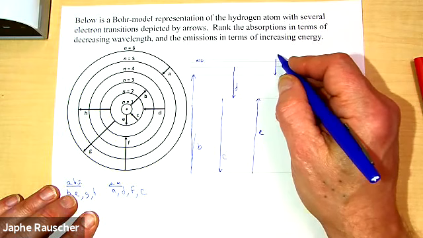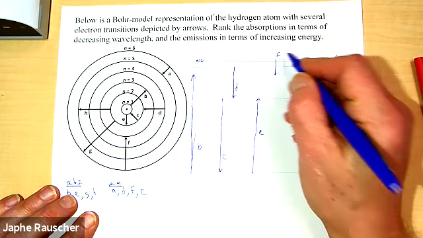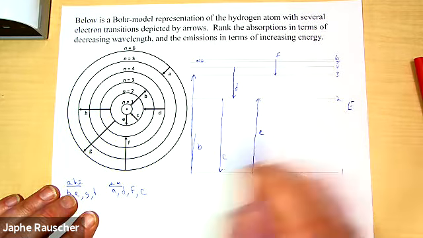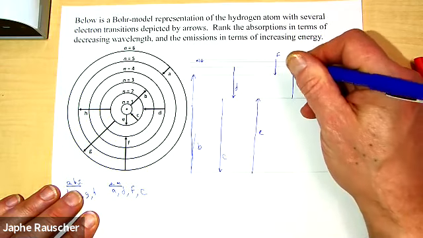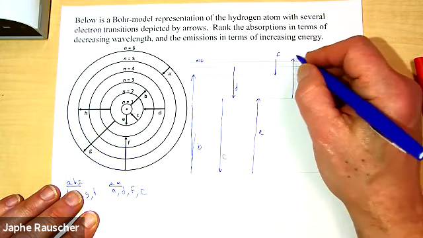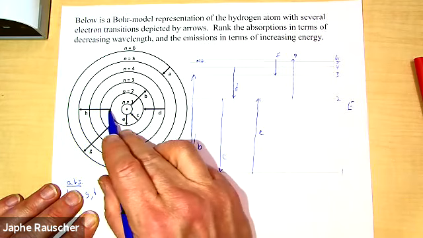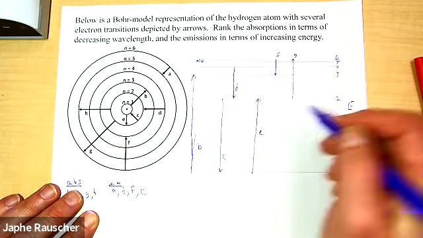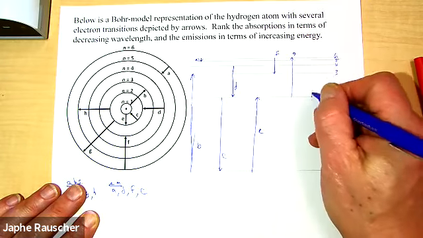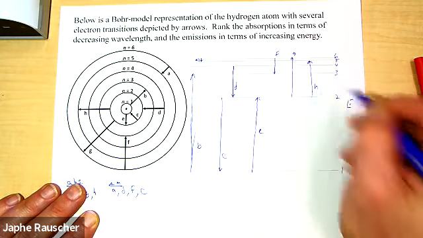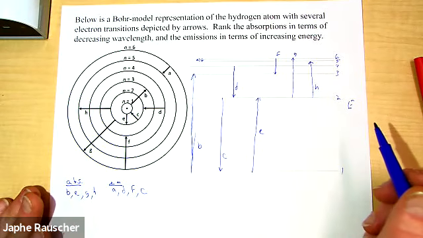Then G goes from 2 all the way out to 6. And the last one, H, goes from n equals 2 all the way up to n equals 5.